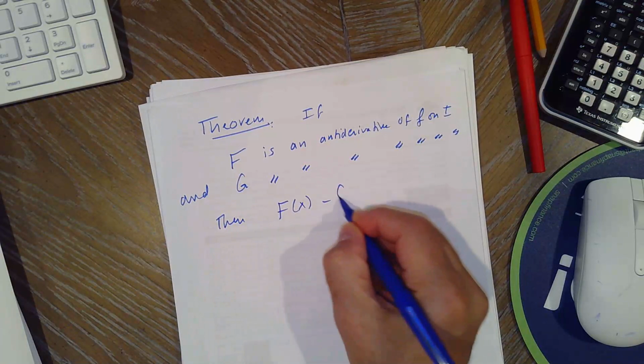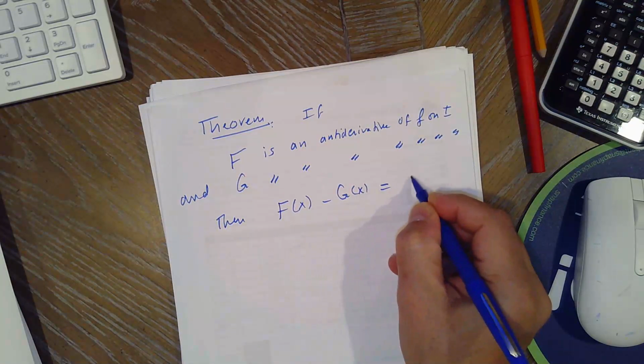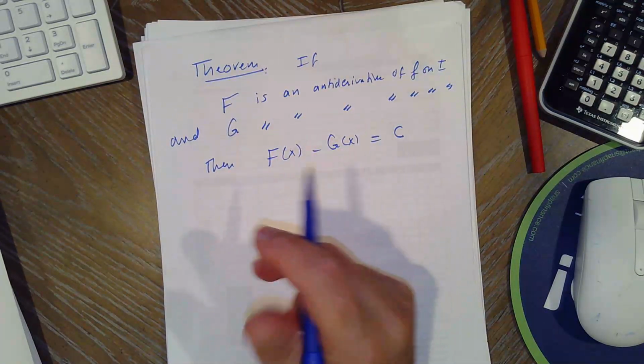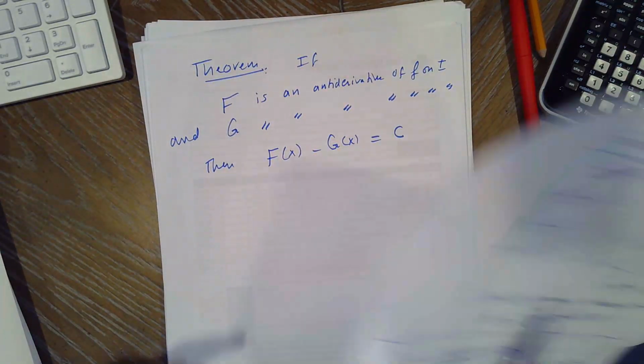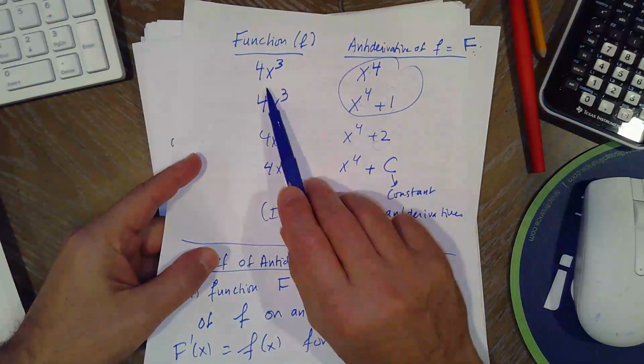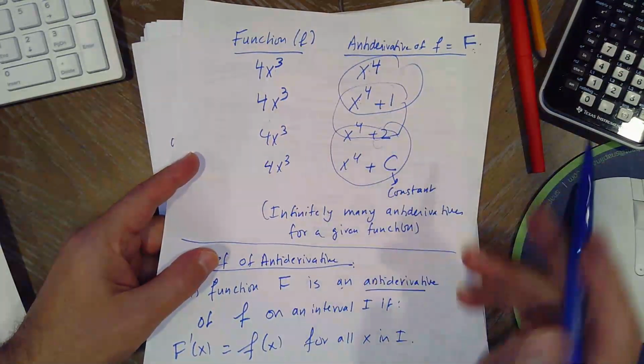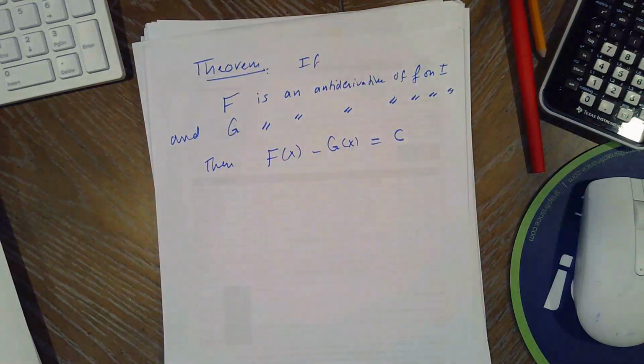F of x minus G of x equals C, or G of x minus F of x equals C, as you can see from two antiderivatives of the same function. Okay.